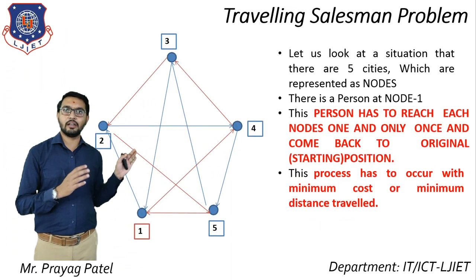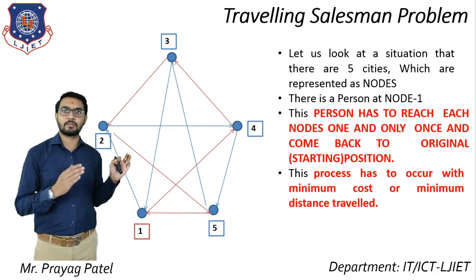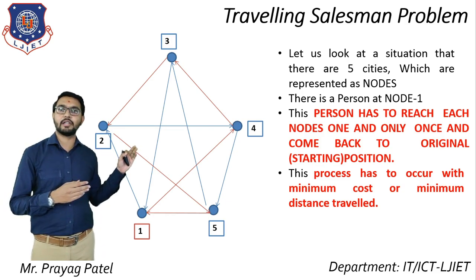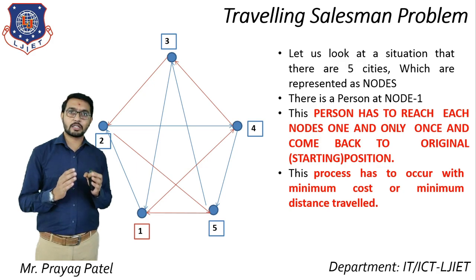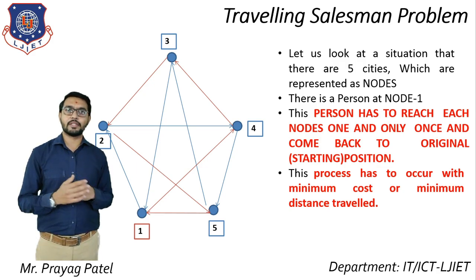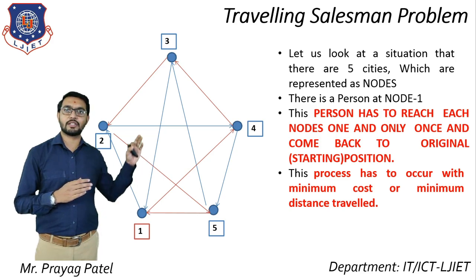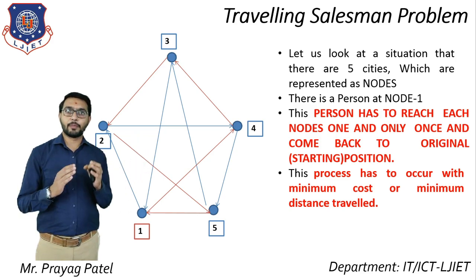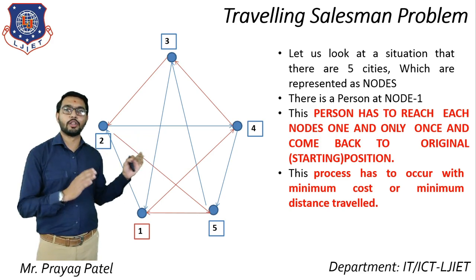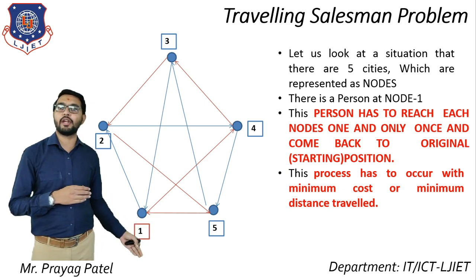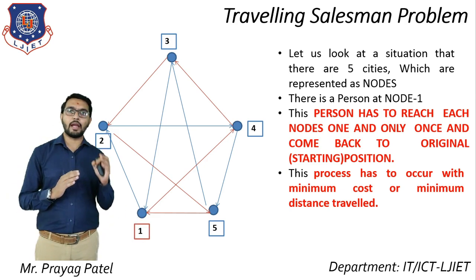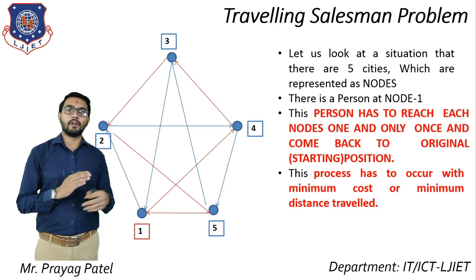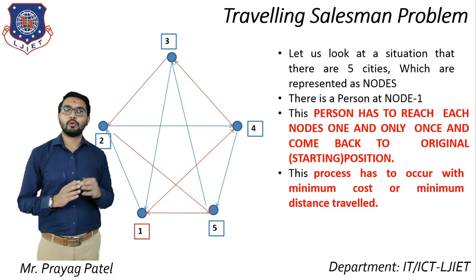Now consider another example of the traveling salesman problem. Here consider nodes 1, 2, 3, 4 and 5. Let us look at the situation. There are 5 cities which are represented as nodes. The person starts from node number 1. So your starting point is node 1. This person has to reach each node, and visit each and every node only one time.